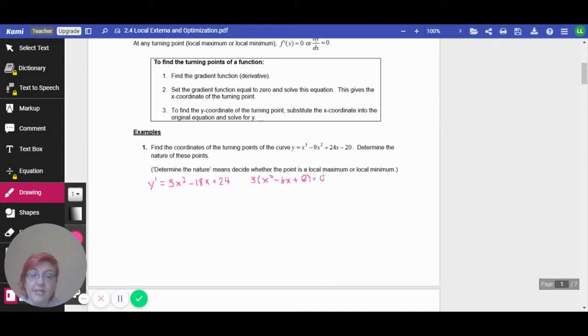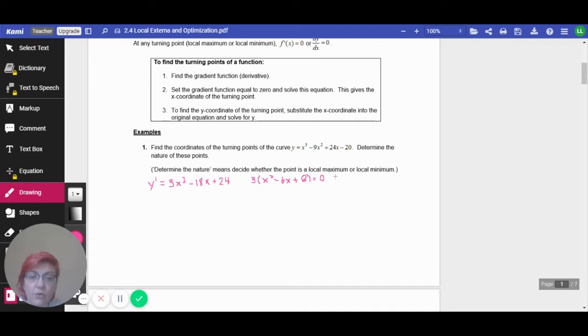Now, there's a number of ways that you can solve this. You can solve by factoring. You can solve using the quadratic formula, negative b plus or minus the square root of b squared minus 4ac over 2a. I'm going to factor. I know that the factors of positive 8 that add up to negative 6 are negative 2 and negative 4.